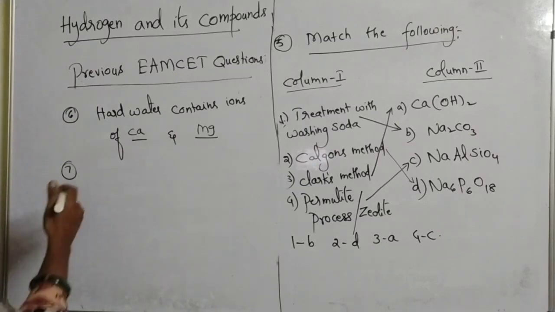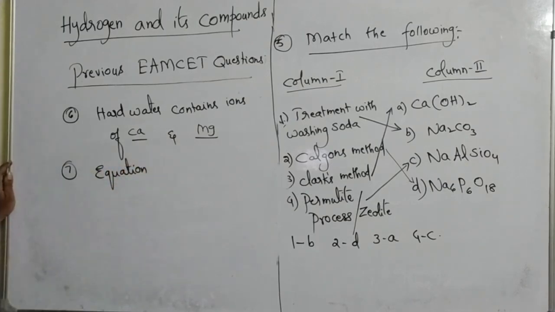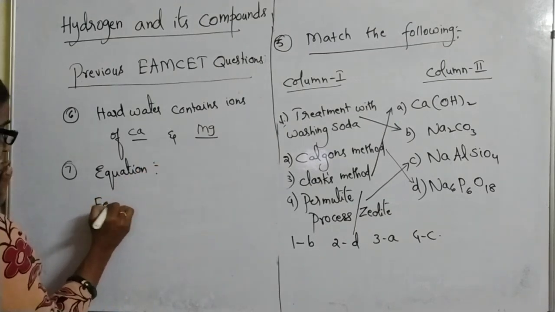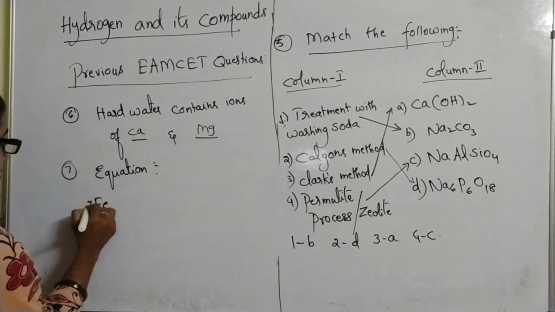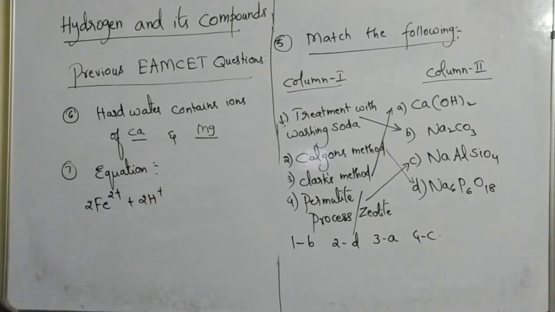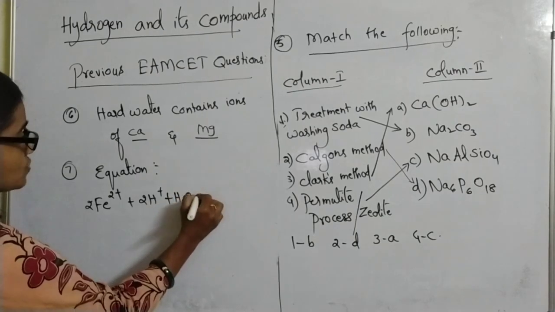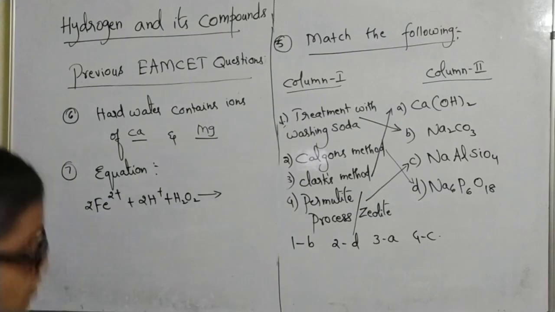You just check this equation. One equation is given like this: 2Fe2+ + 2H+ + H2O2 gives rise to what? 2Fe3+ + 2H2O.